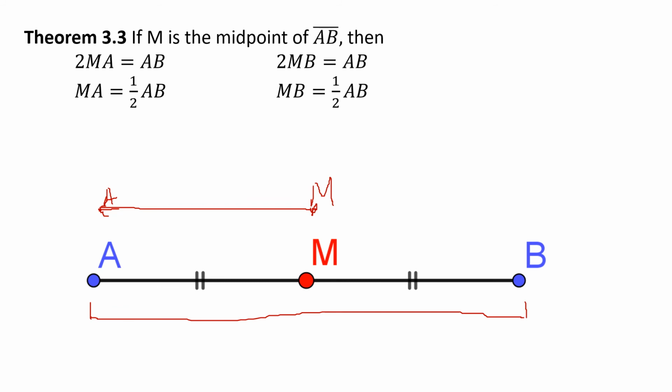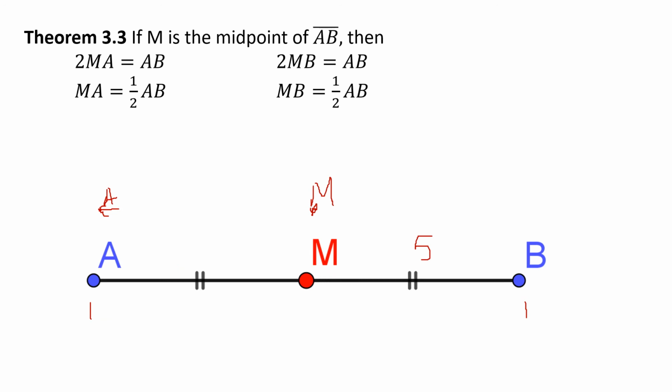So, if the measure of segment AB is 10, therefore, the measure of AM is 5, and the measure of BM is 5, since AM and BM are equal, because point M divides our segment into two congruent parts. Okay, let's have another example.